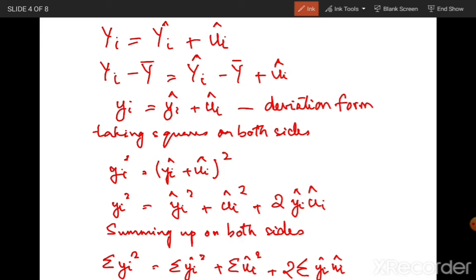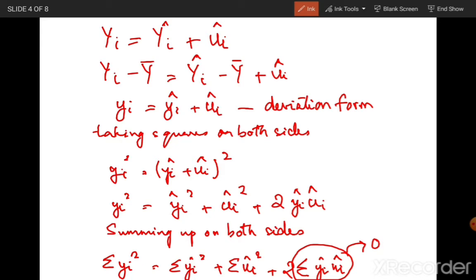Sorry, not yi, the predicted yi. So if these are uncorrelated, summation yi hat ui hat, that is the last term in my equation, will be equal to 0. I'm not going into the proof here because we had a face-to-face lecture where I had derived this fact that summation yi hat ui hat is equal to 0. So using the numerical property, the last term of this equation becomes equal to 0.